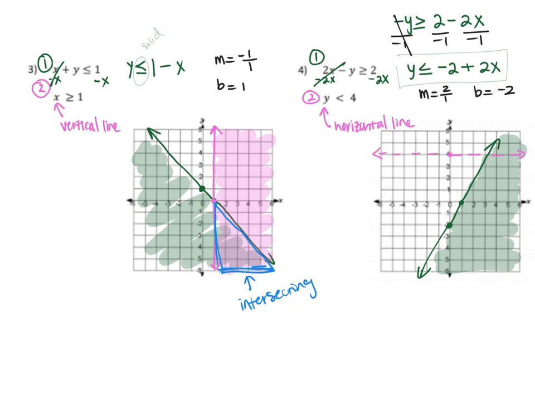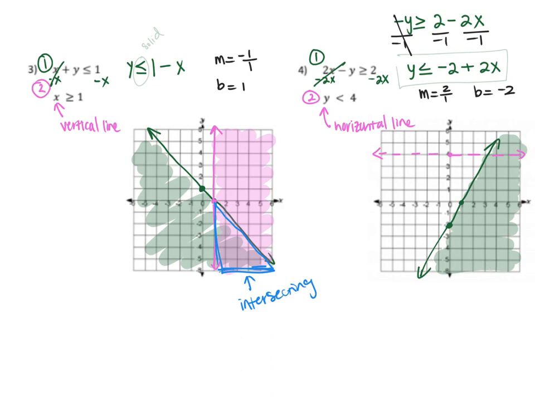Since a horizontal line is really flat, the slope here is also 0, by the way. Just a quick tip there. So the slope here would be 0 if it's a flat line like that. So now I need to shade. So when I shade, y is less than 4. If y is less than 4, I want to be shading below this line because these are all the numbers that are less than 4, right?